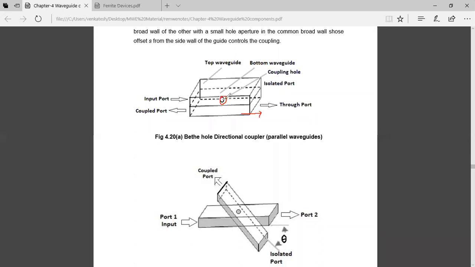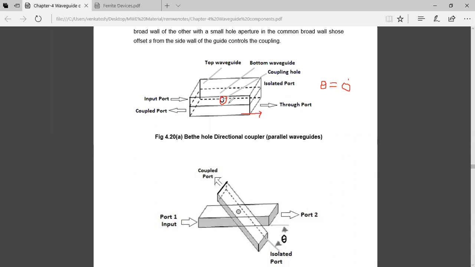The hole is aligned at a certain angle, which is given as theta. If theta equals 0 degrees, the hole is at the center.